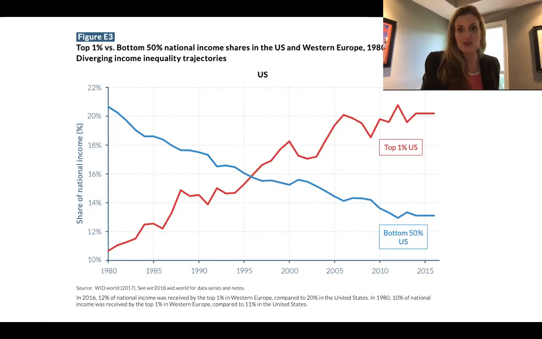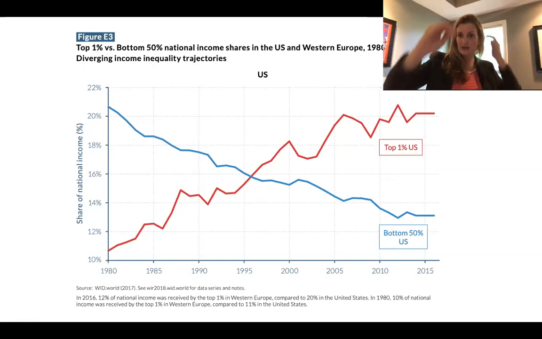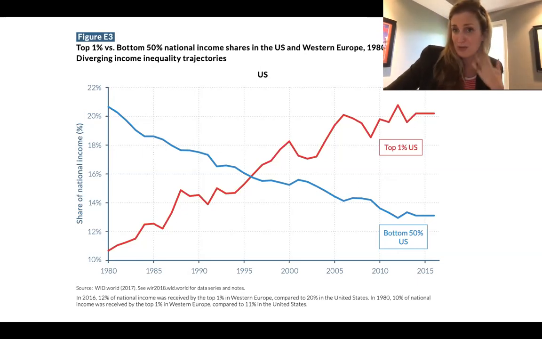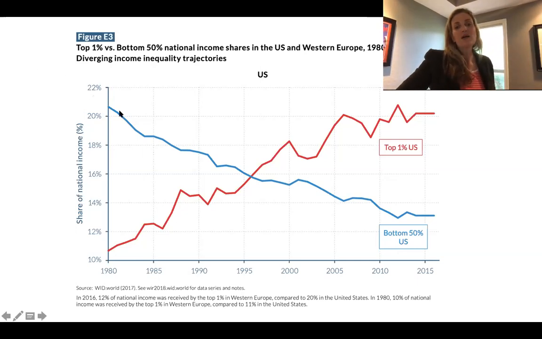Okay, so what are we looking at? Between 1980 and 2016, the bottom half of the US economy, half of the US population that's in the bottom half of the income earners, which would by definition include a big chunk of the middle class, the bottom 50% had 21% of national wealth.